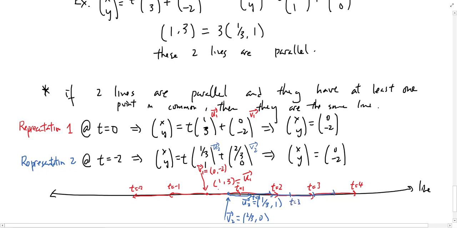There's a t equal to 2 right here, but I just couldn't get to it. And then I go backward: t equal to -1, t equal to -2, and then maybe t equal to -3.